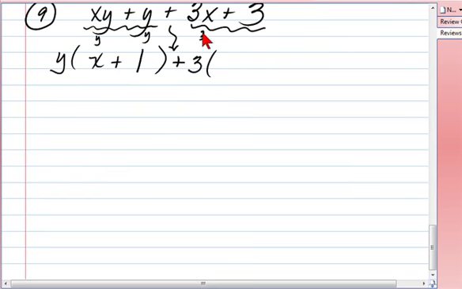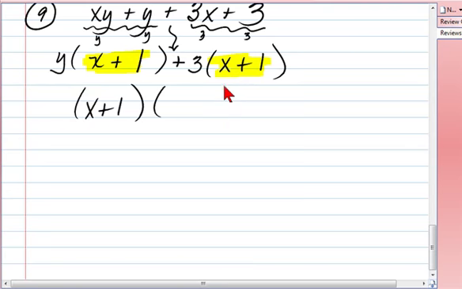And if I divide by 3, x plus 1. And I know that I must be doing this right because I got a common binomial factor. So I'm going to write down x plus 1 times other factor, y plus 3.